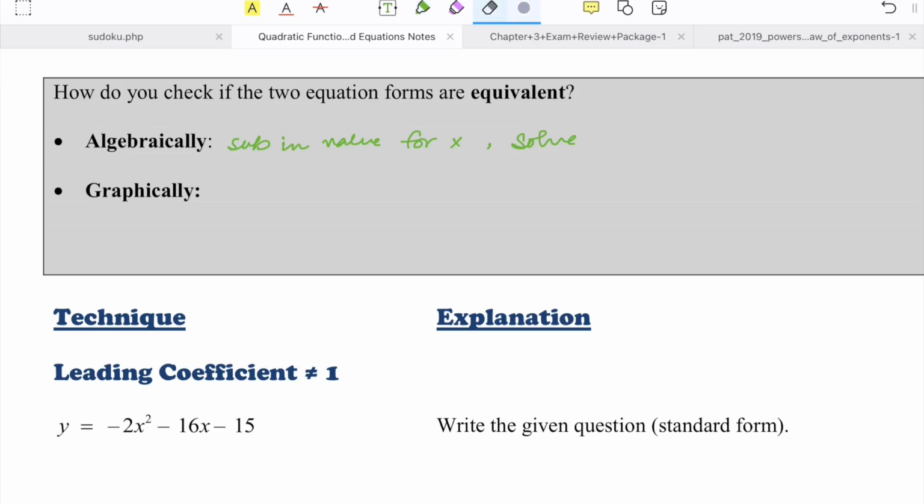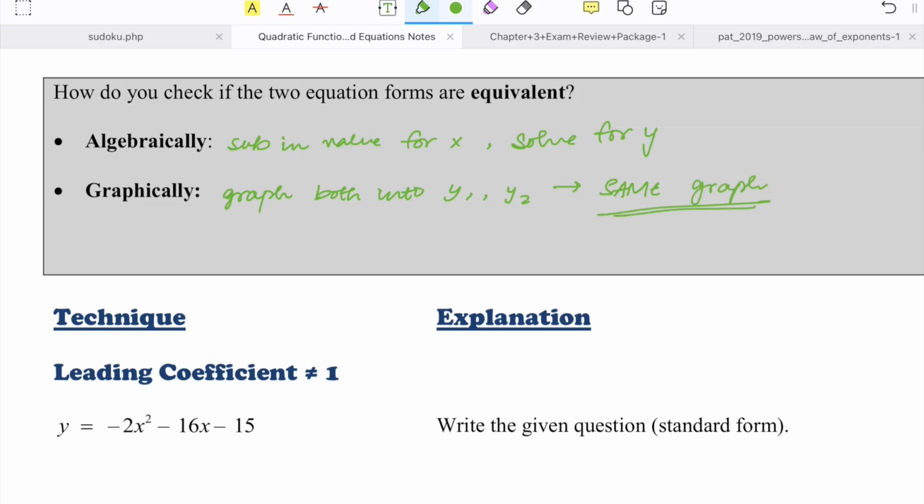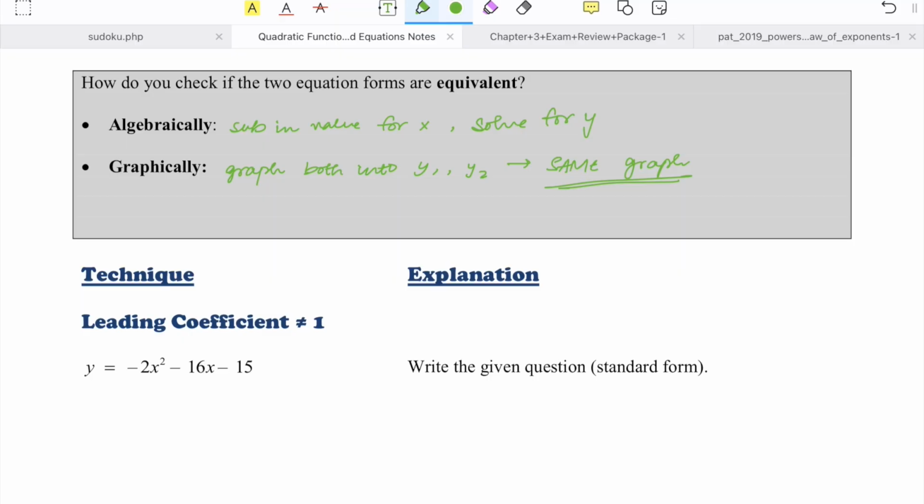So in this case, you will have y equal for the standard form and the vertex form, and graphically graph both into y1, y2, and it should give you the same graph. We can also look at that when we do the next question here.